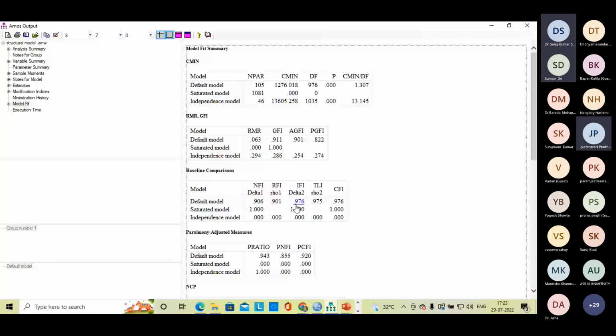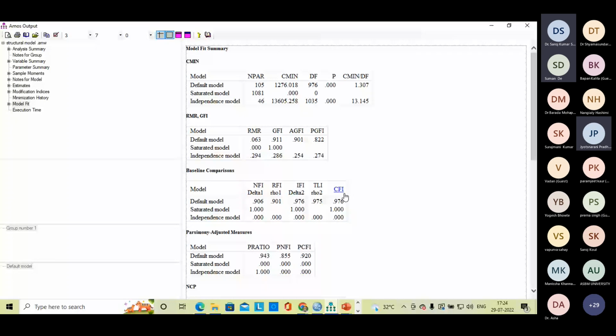While explaining these three, IFI, TLI and CFI, I can give the citation of Hu and Bentler 1999 and Kroesgaard 1995. I can say that IFI, TLI and CFI are all crossing 0.95 because the values are 0.976, 0.975 and 0.976 respectively.